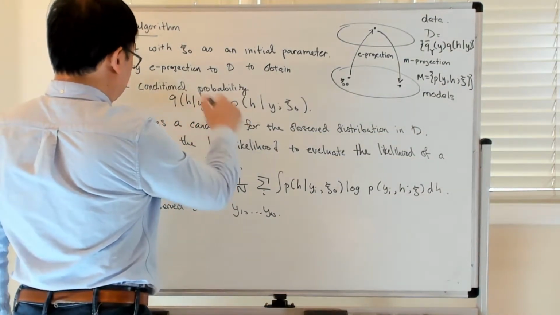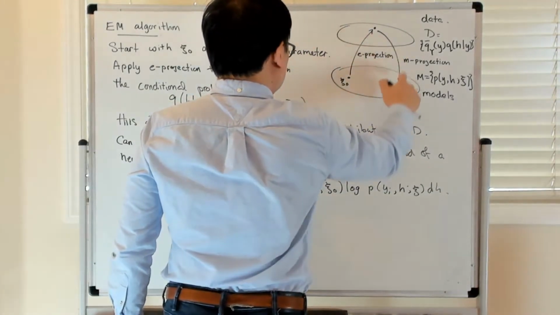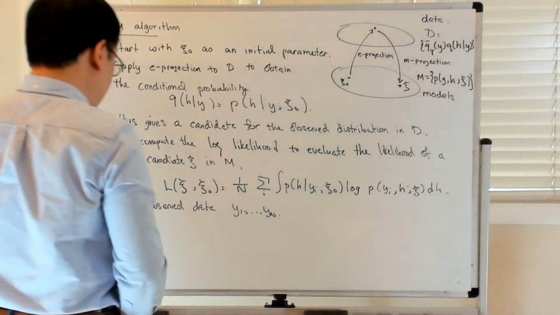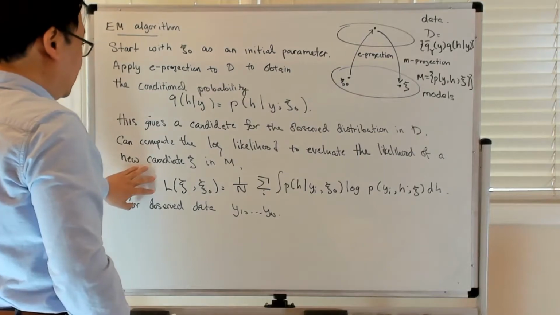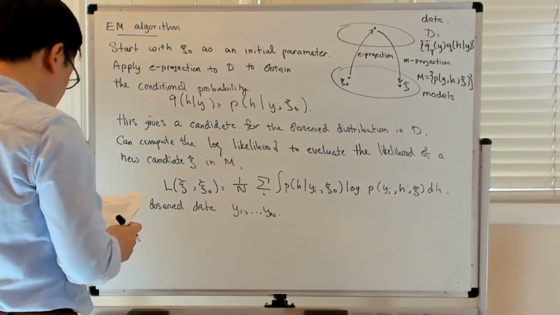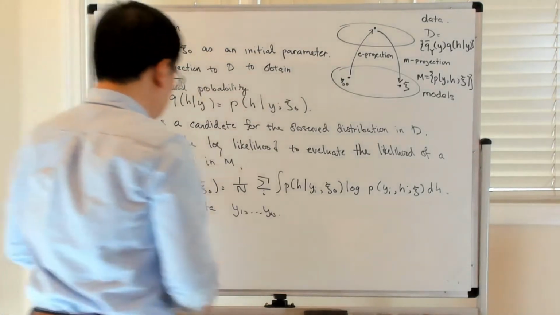So that gives you this candidate. And then once you have that, you want to find a new candidate point, because C is on M. And what you do is you evaluate this log likelihood and basically maximize this.